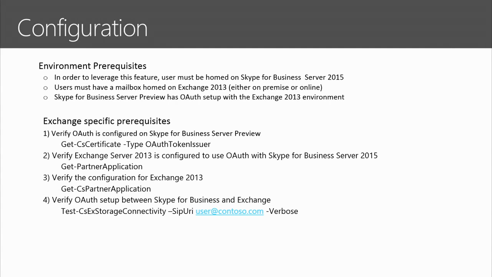Are these Exchange-specific prerequisites only for a greenfield installation of Skype for Business, or also for an in-place upgrade? Because if you start with an in-place upgrade, I think you don't need to set up the OAuth token issuer, because of the legacy of the Lync infrastructure. So is the question if you are doing an in-place upgrade from Lync Server 2013?